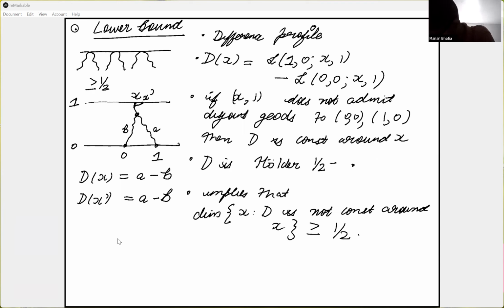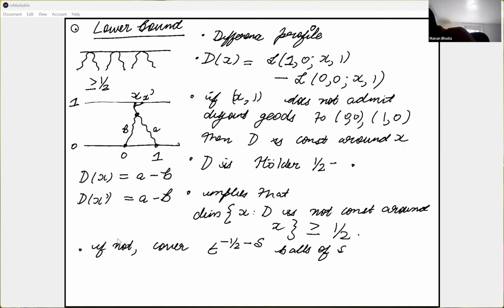Okay, I'll just quickly say why that is. Suppose that was not the case, so you could cover this set. If not, then cover it by epsilon to the minus 1/2 minus delta many balls of radius epsilon. So you cover this non-constancy set. Everywhere else it's constant. And in each ball you use the Holder continuity, so in each ball you can change by at most epsilon to the 1/2.